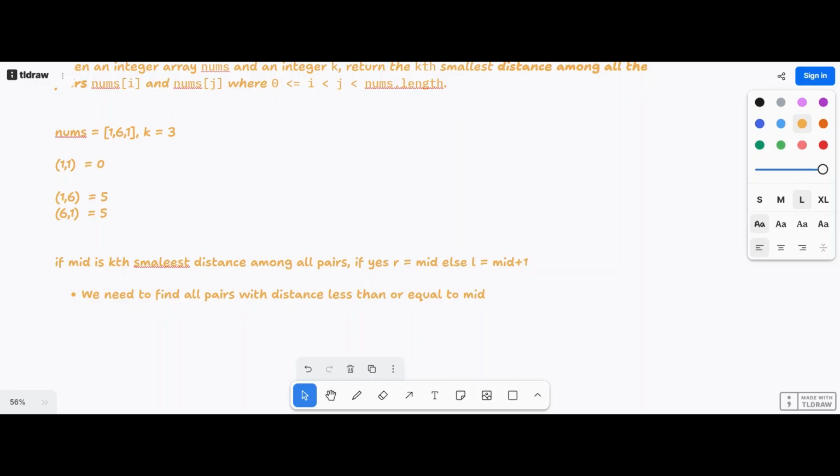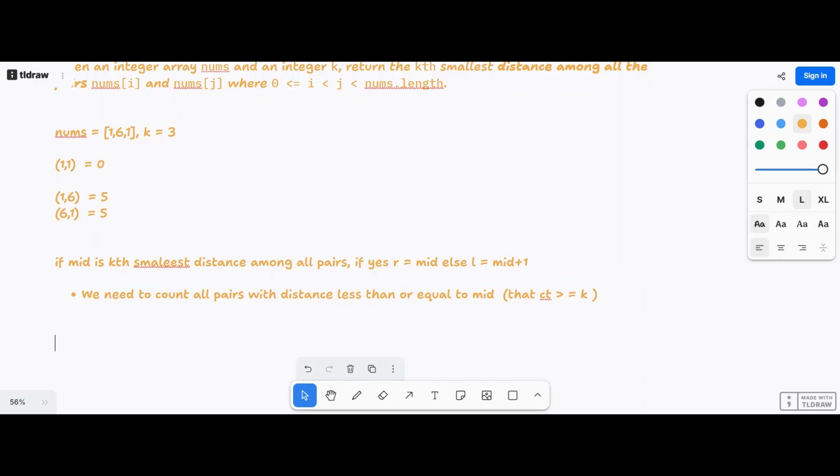The distance of those pairs should be less than or equal to mid. Correct, I hope you got it. And that count, that number of pairs, should be greater than or equal to k. So we need to not just find, we need to count all pairs with distance less than or equal to mid.